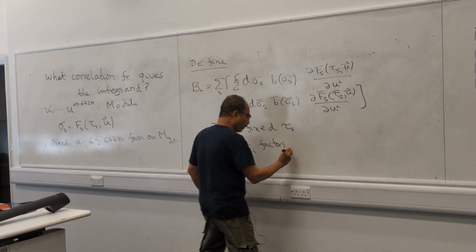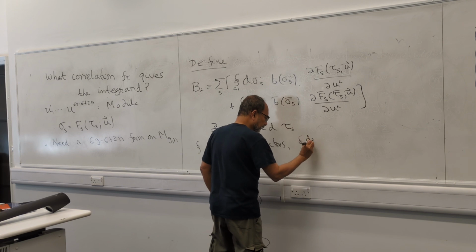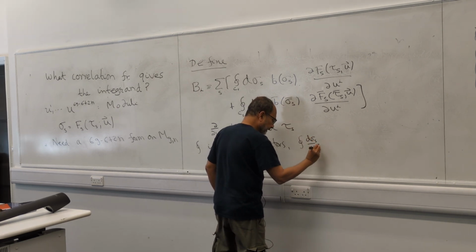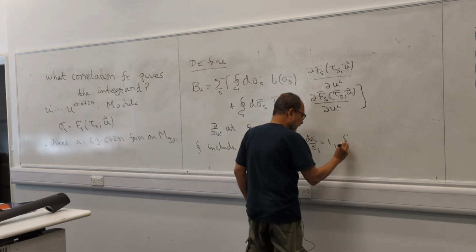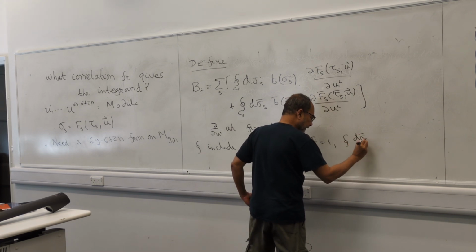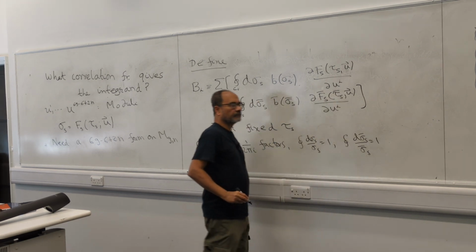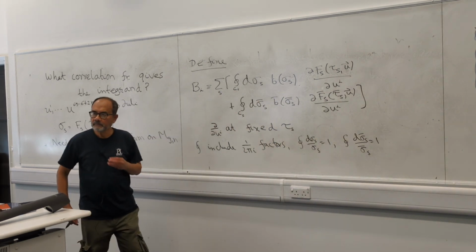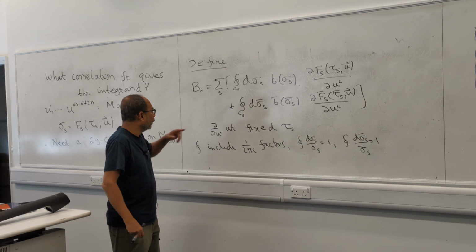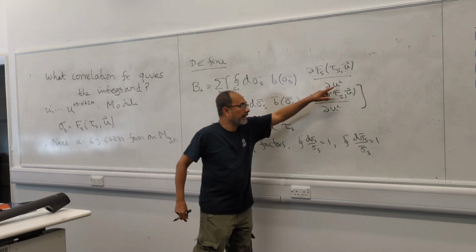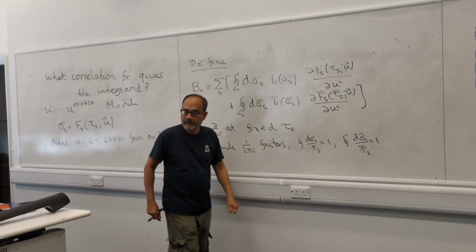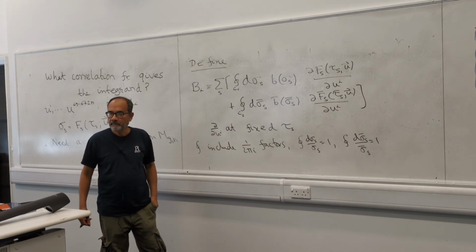So the normalization is that the integral of d sigma_s over sigma_s is 1, and the integral of d sigma bar_s over sigma bar_s is 1. For fixed i, because there is an i here, the derivative is with respect to u_i. Is the definition clear? This is an operator that I am introducing on the Riemann surface.